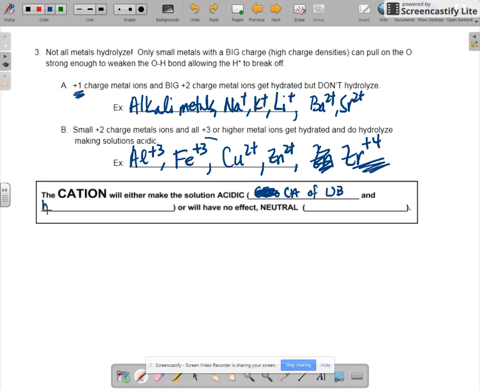Or highly charged small metals will also make it acidic. Or the cation will have no effect, it'll be neutral, if it's a small-charged big metal. Whew, I think that's the end.